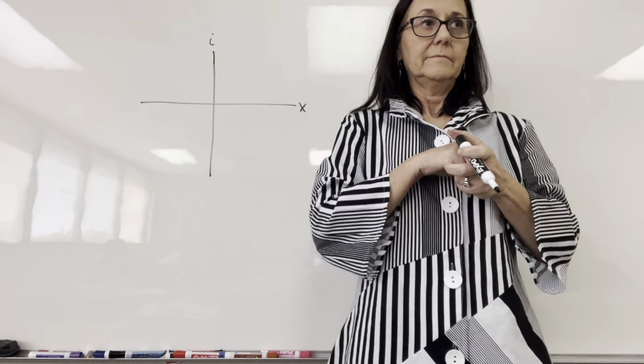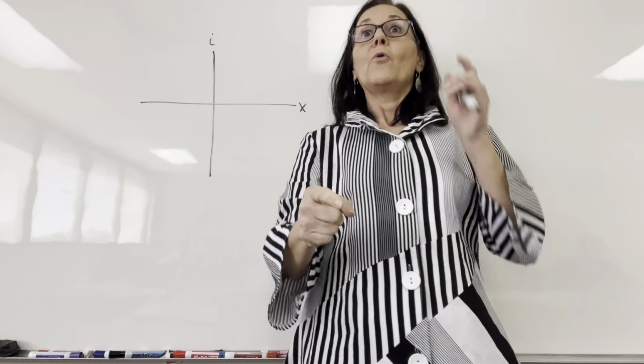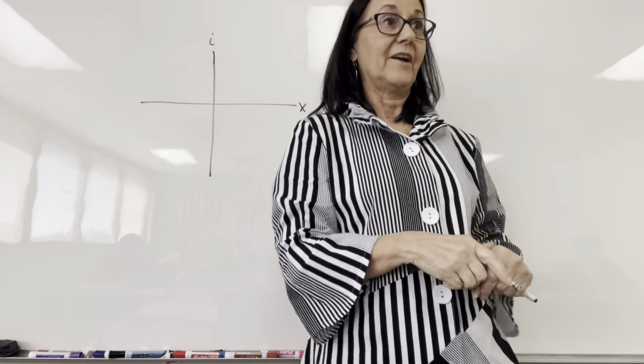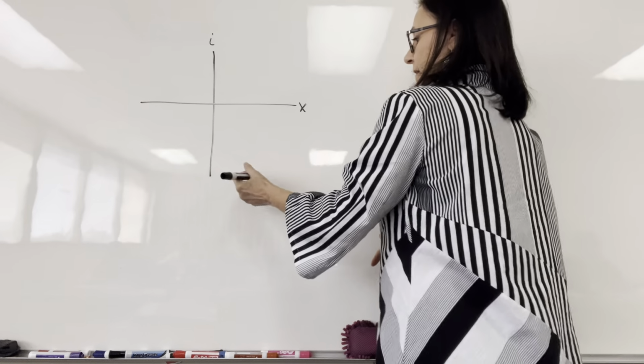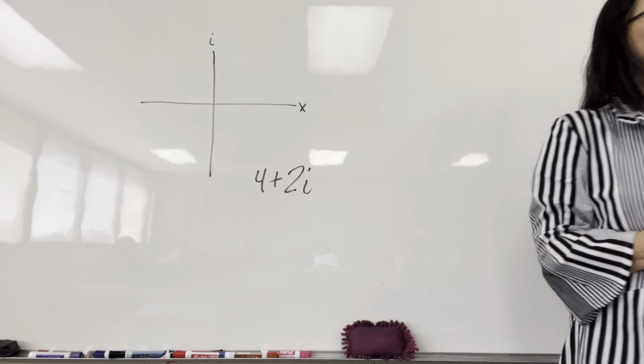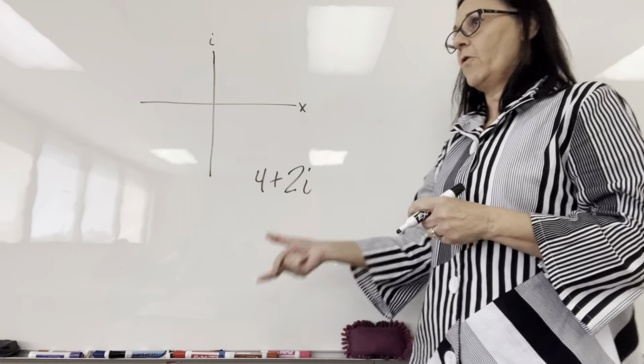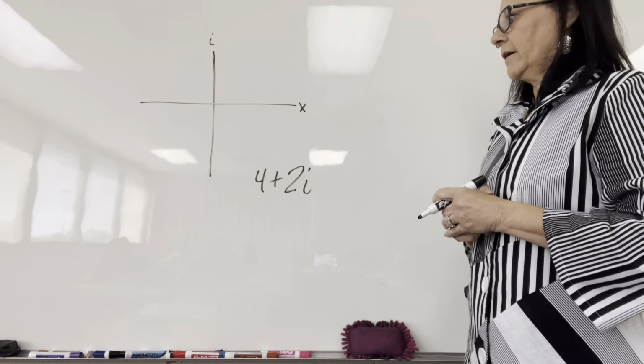What's the proper form for complex numbers? Real plus imaginary, right? So 4 plus 2i is proper form. Real always comes before imaginary.